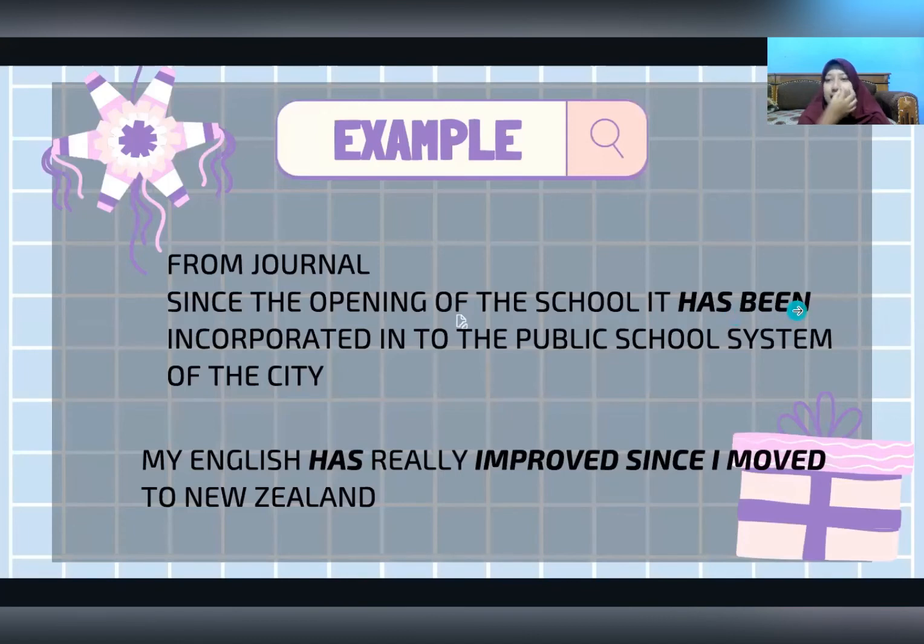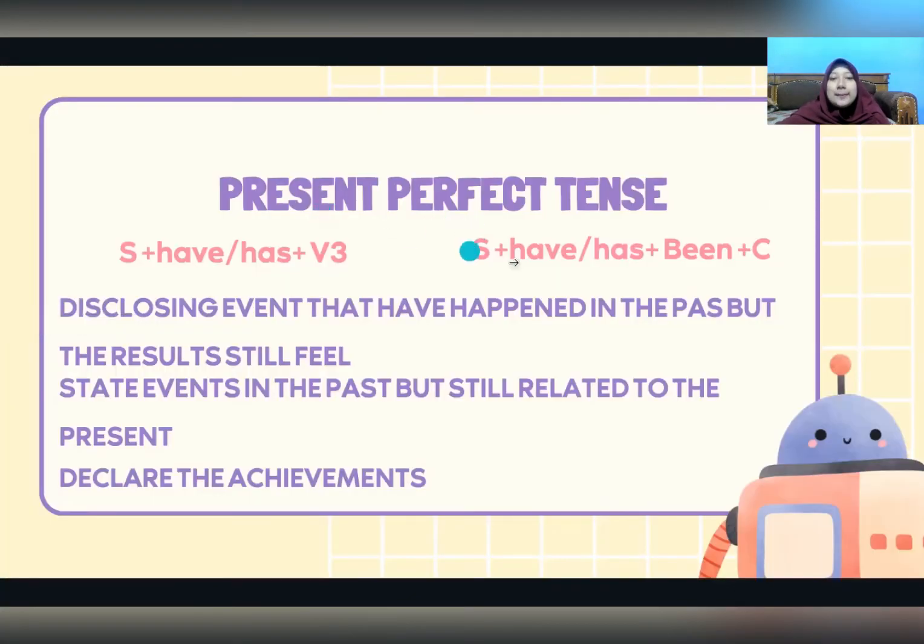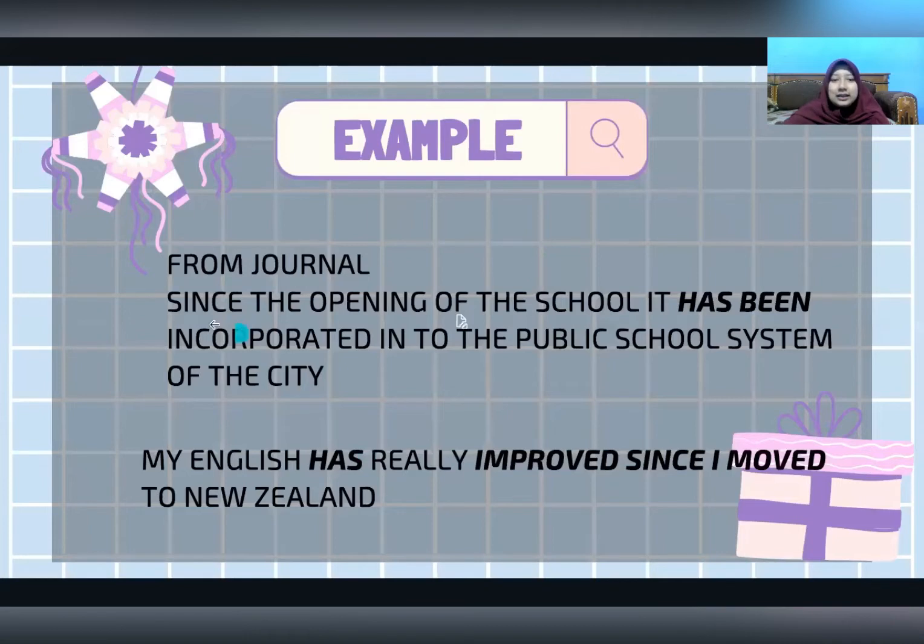From the journal, I got one sentence that uses present perfect tense: Since the opening of the school, it has been incorporated into the public school system of the city. The school has been incorporated.